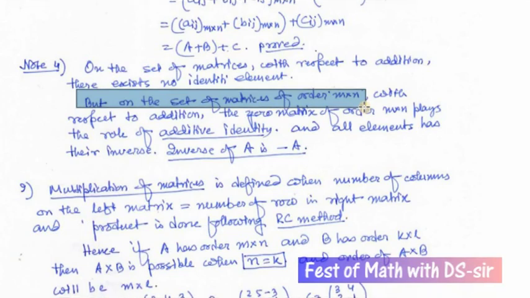For example, if we take the set of all matrices of order 2 by 3, then the additive identity will be the 2 by 3 zero matrix, 0, 0, 0, 0, 0, 0. You can write it easily. And all elements have their inverse. Not only identity elements, all have inverses, and the inverse of A is minus A.